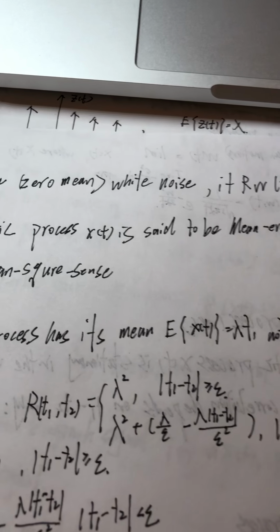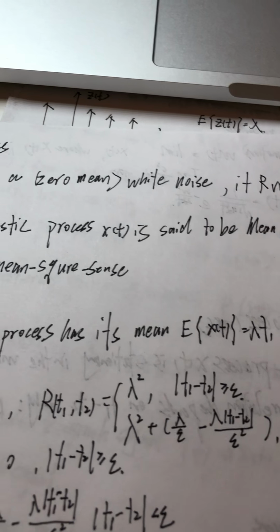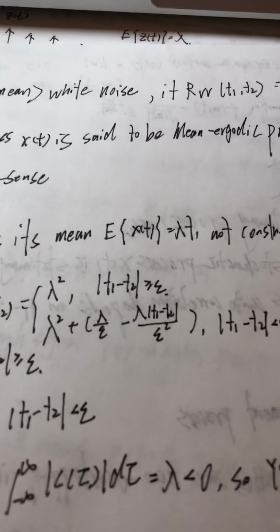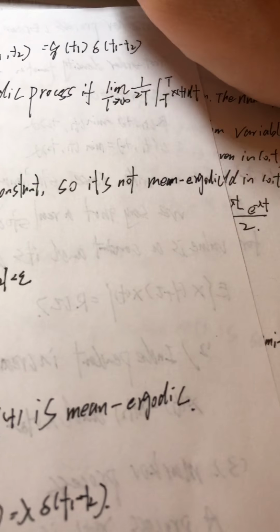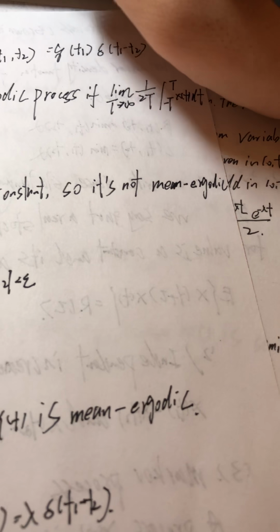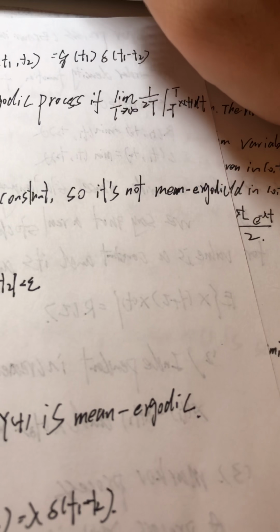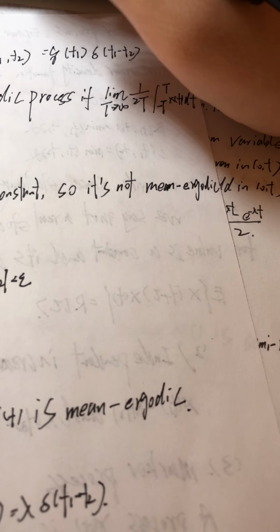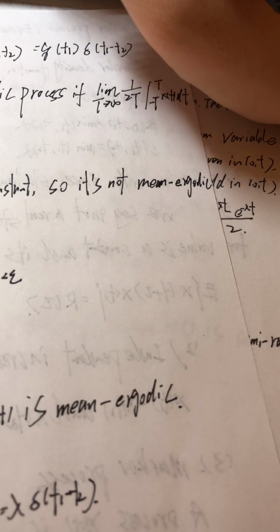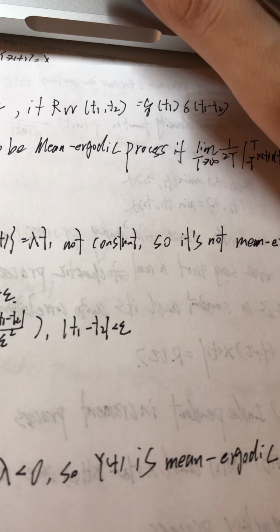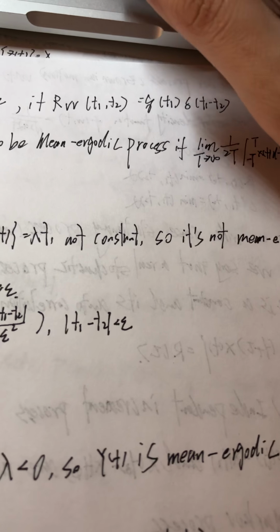And the last one is the mean ergodic process. A process is a mean ergodic process if the limit as T approaches infinity of 1 over 2T multiplied by the integral from minus T to T of x(t) dt equals the expected value of x(t) in the mean square sense.